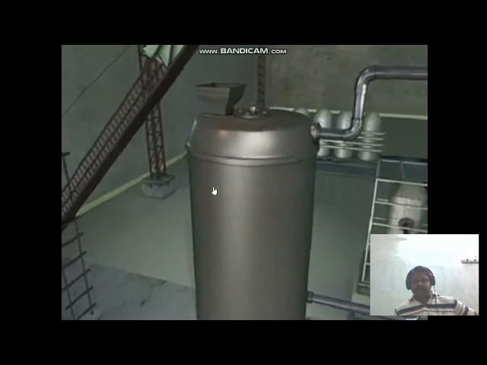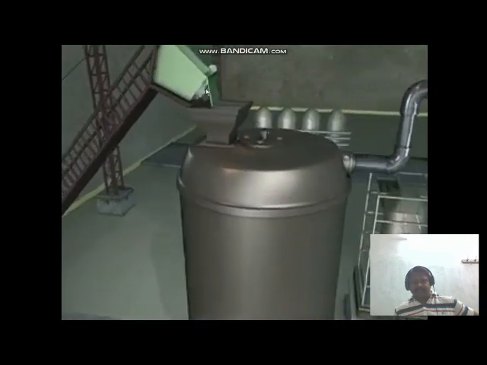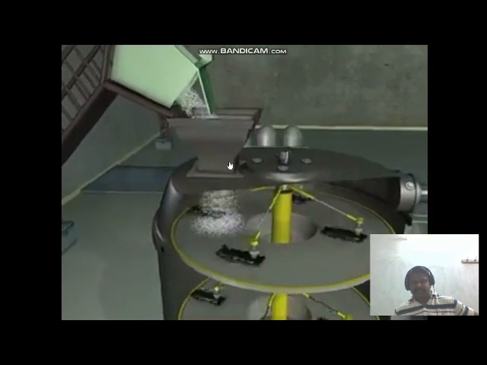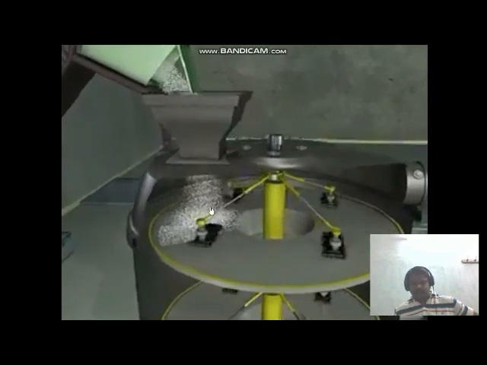See here properly. The dry slag lime is placed into this cylinder. This white color is called slag lime, or calcium hydroxide. These are known as blades, and this total disc is known as the shaft, just like an idli plate.